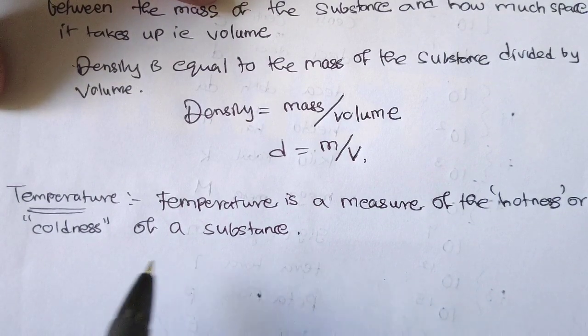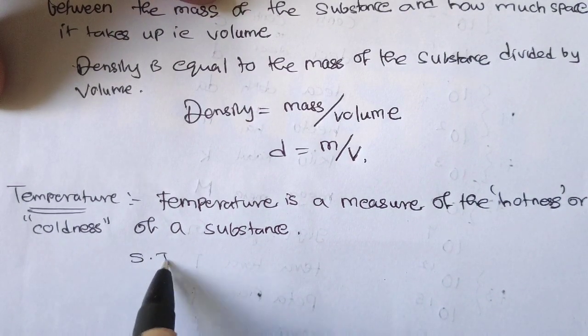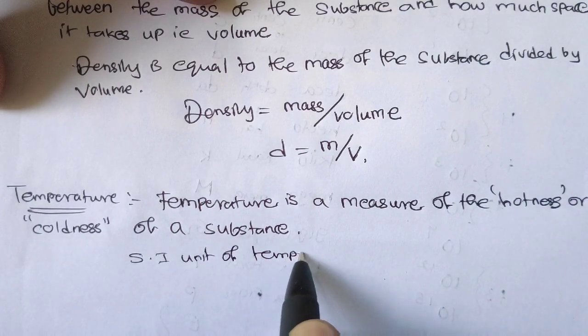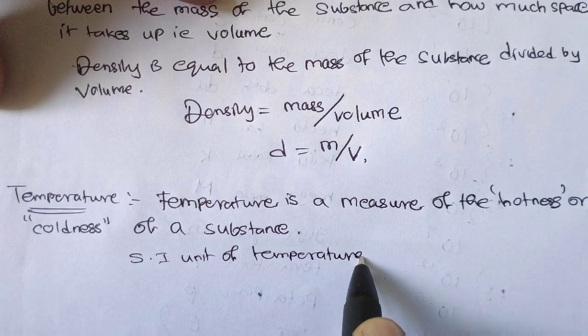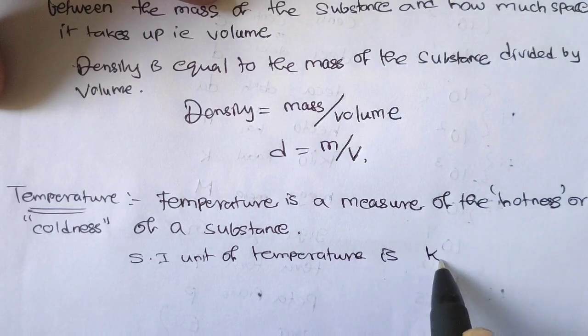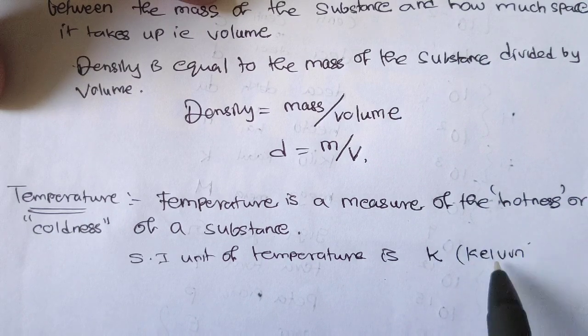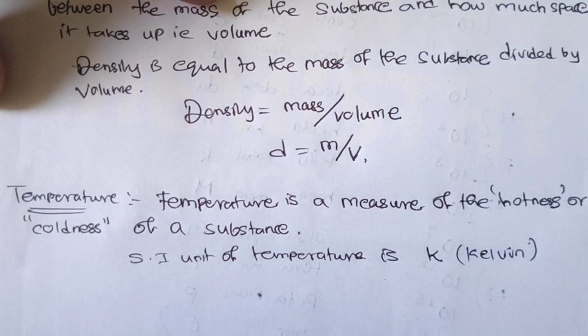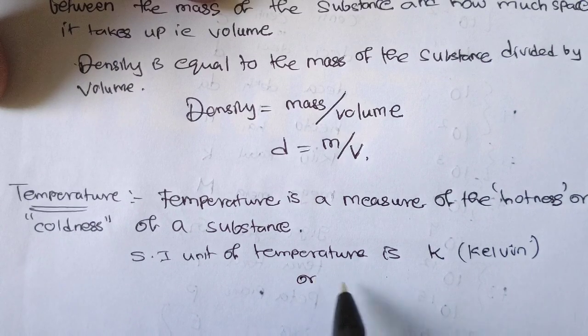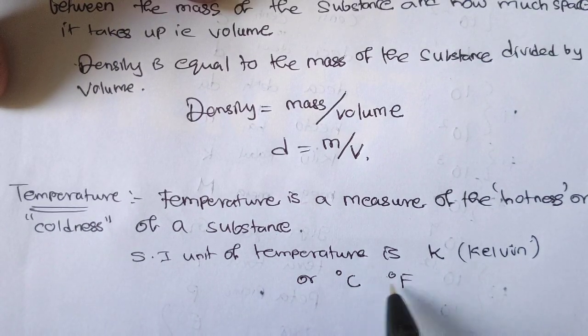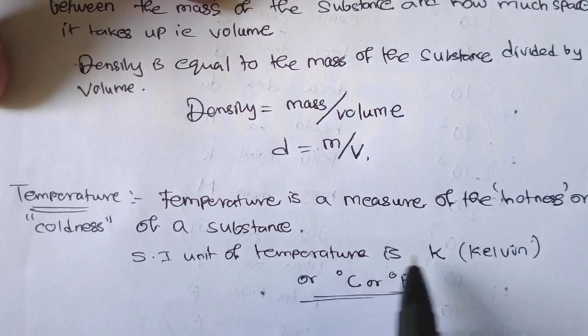This one you can write down. The SI unit of temperature is Kelvin, K for Kelvin. Understood? Now other units are also there, that is degree Celsius and degree Fahrenheit. Also you can use, but the SI unit we say is Kelvin.